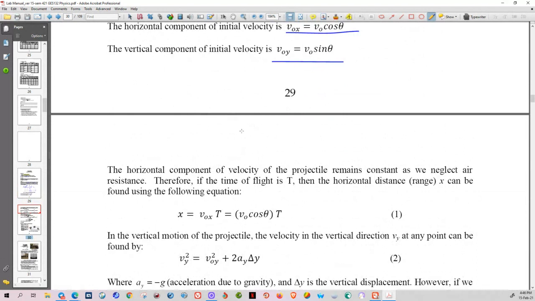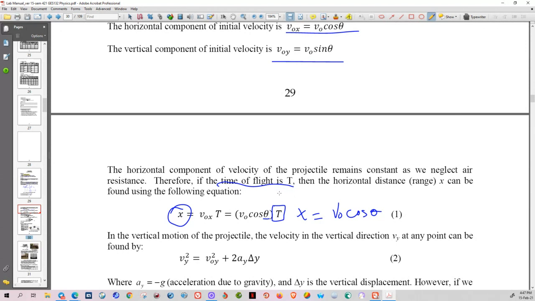Using the horizontal component of velocity of the projectile, we can simplify how to get the range by using equation number one, where x is equal to V0 cosine theta times t, theta being the launching angle, and t is the time of flight, the time it takes for the projectile to move across the air.